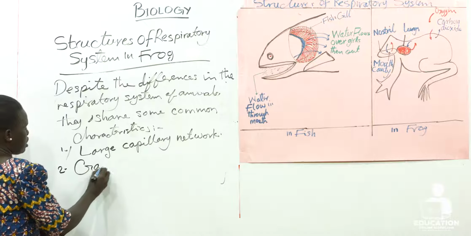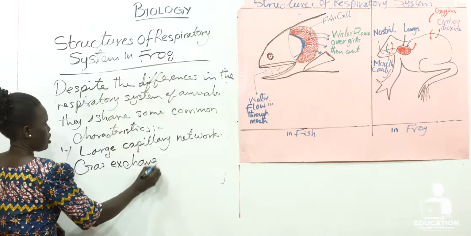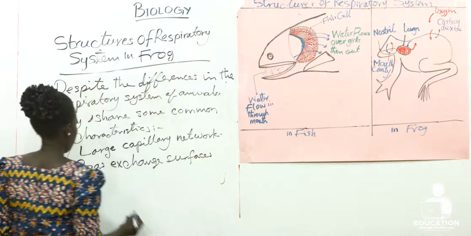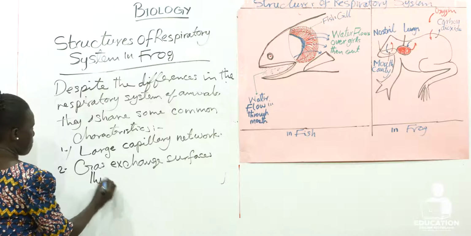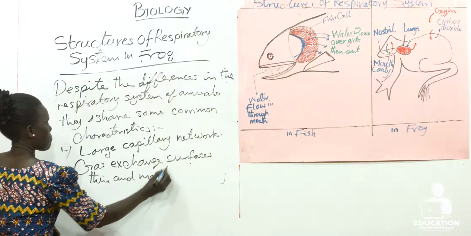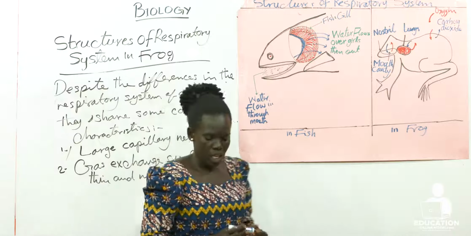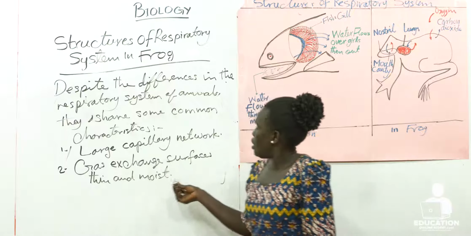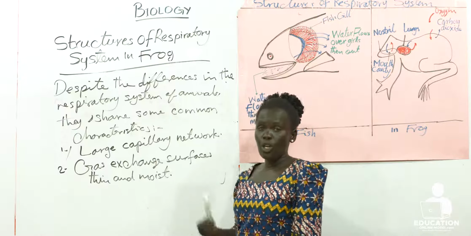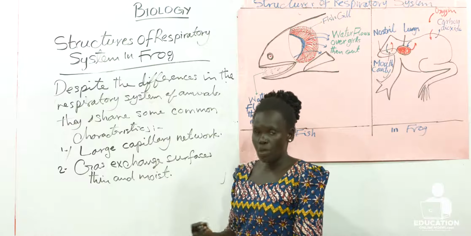Gas exchange surfaces are normally thin and moist. The respiratory surfaces in animals are normally thin and membranous.